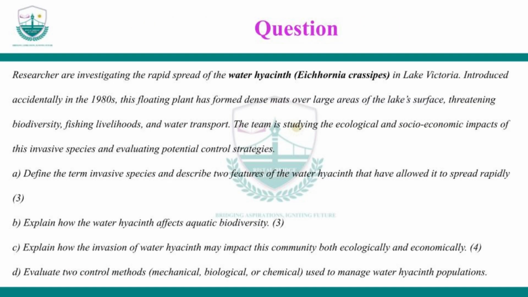The water hyacinth has all of these traits. It grows and reproduces quickly, floats freely, and spreads easily across freshwater surfaces.